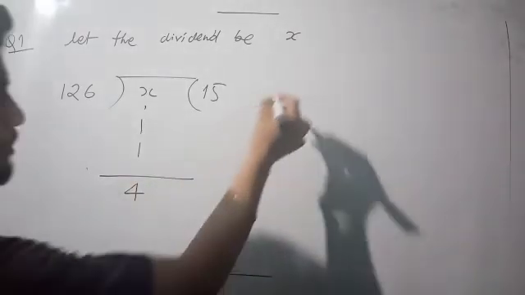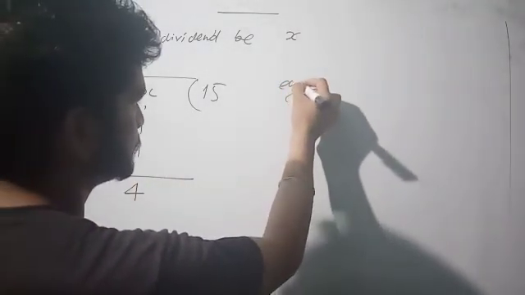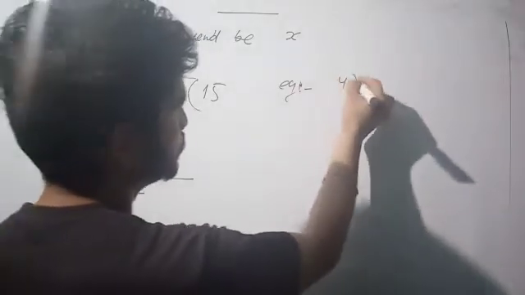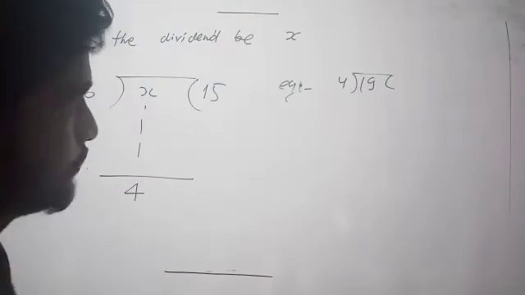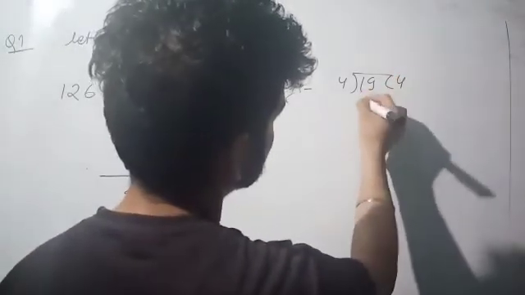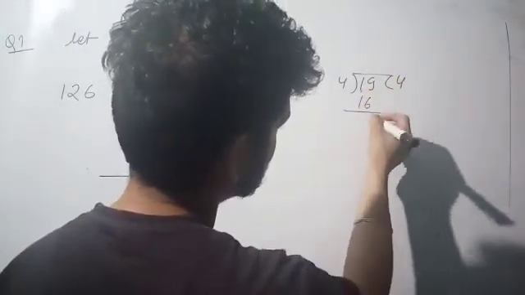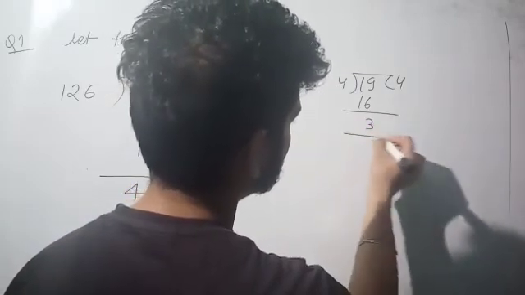I am giving you an example. We have to divide 19 by 4. 4 fours are 16, and then the remainder is 3.